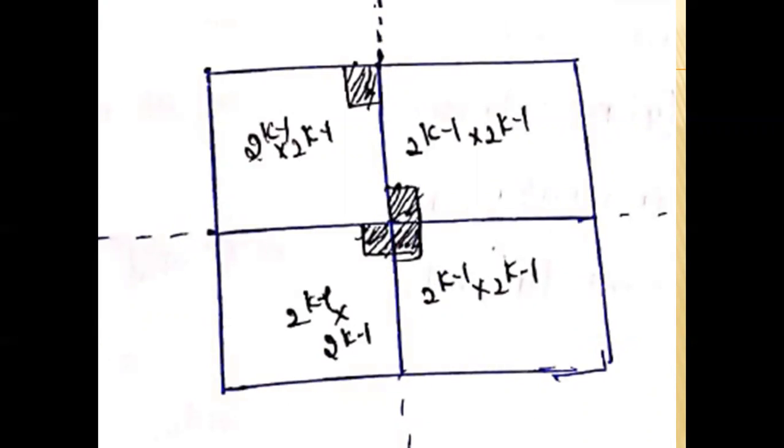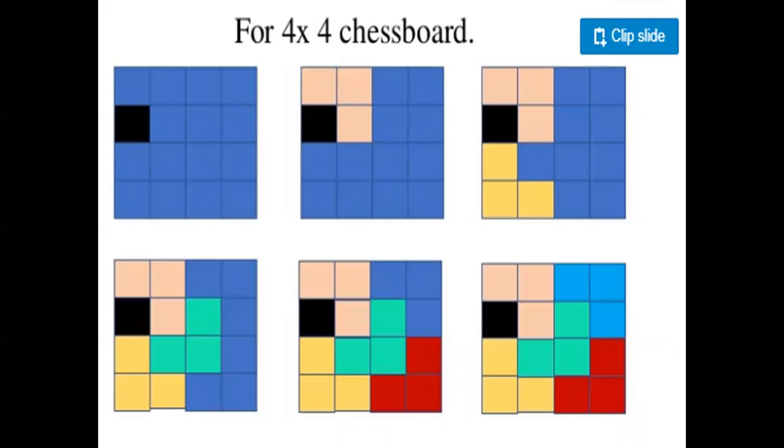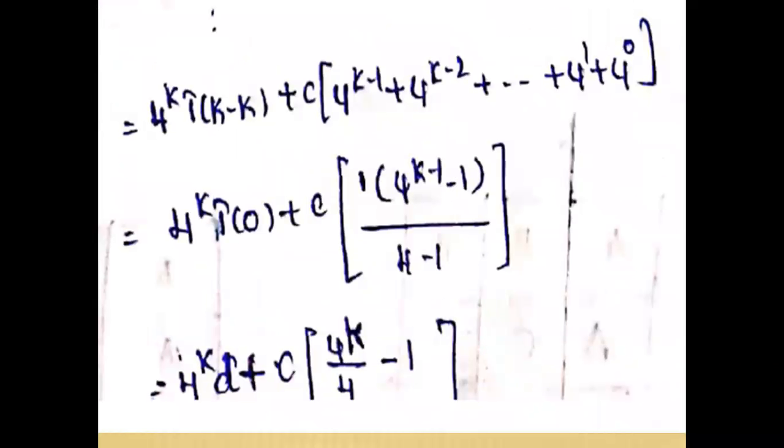The chessboard of 2 power k into 2 power k is divided into 4 sub chessboards of 2 power k minus 1 into 2 power k minus 1. Every subproblem is covered with triominoes. Except for the defective square problem, the remaining 3 problems have non-defective squares, which must be covered with triominoes. The time complexity is calculated the same way: 4 power k, it is big O of 4 power n.